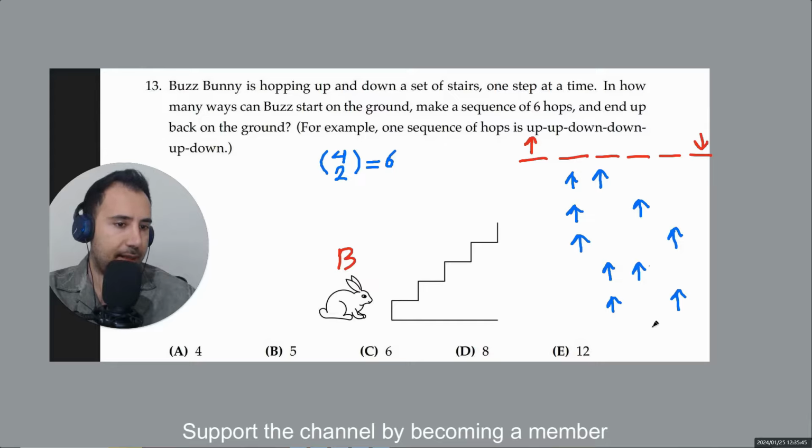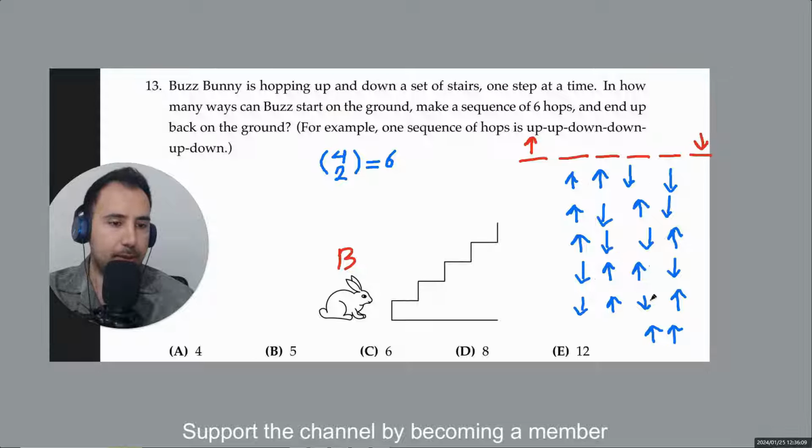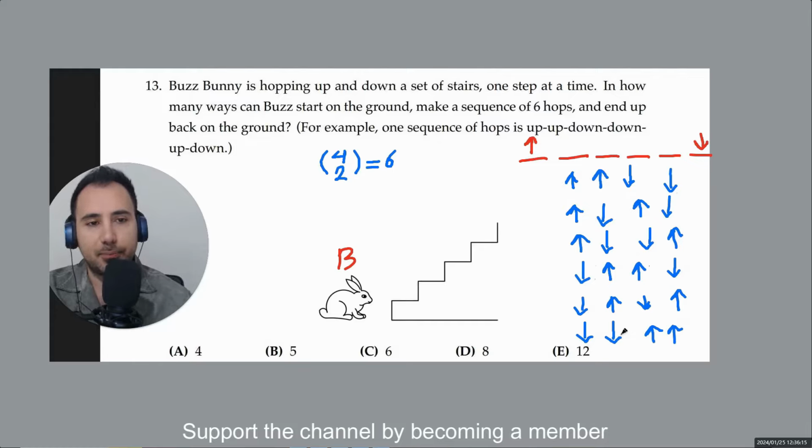So we have 5, and the last thing, 2 ups are at the end. So the ones that I didn't draw, they're downs. Okay, so it's going to be like this. I could just make the downs here as well. Okay, you didn't have to draw this. I'm just drawing these so that my answer will be clearer. So I have 6 ways.